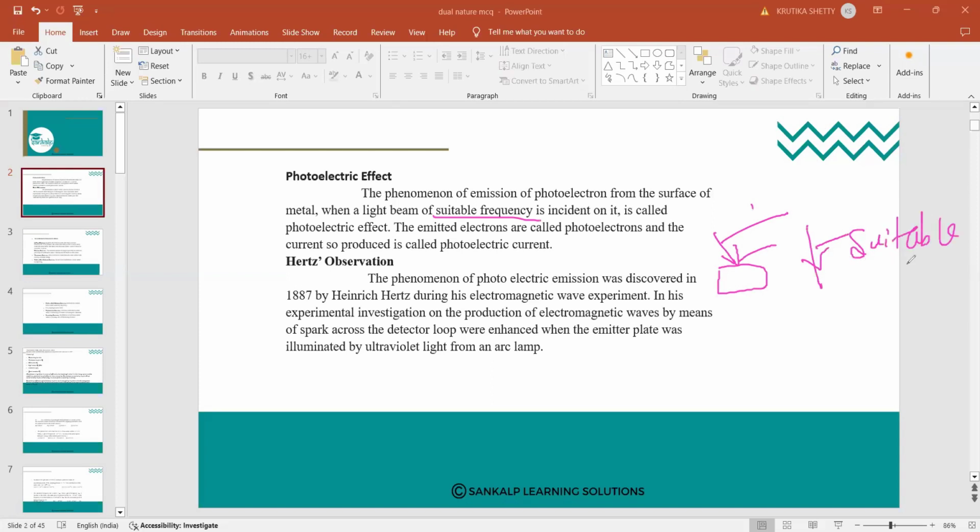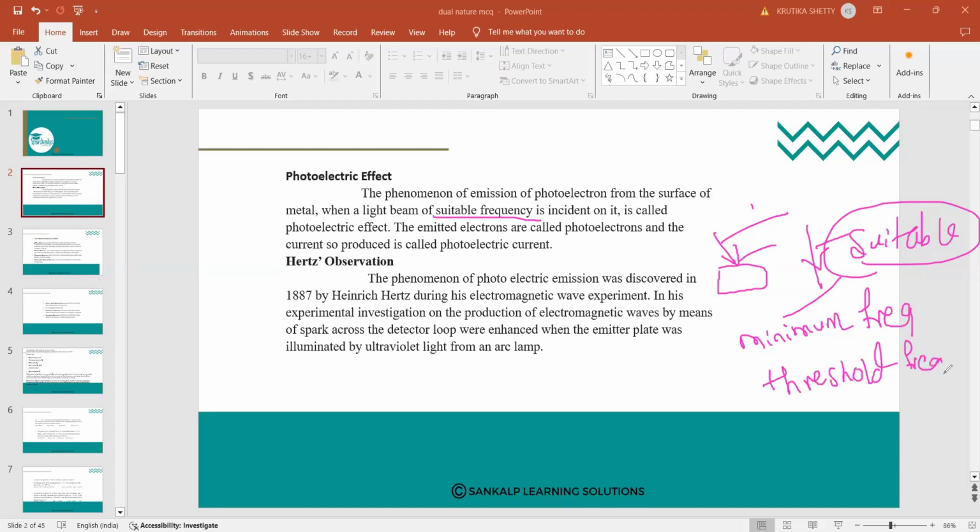A minimum frequency is required, and that minimum frequency required for the photoelectric effect phenomenon is called what? Threshold frequency. That is called threshold frequency.